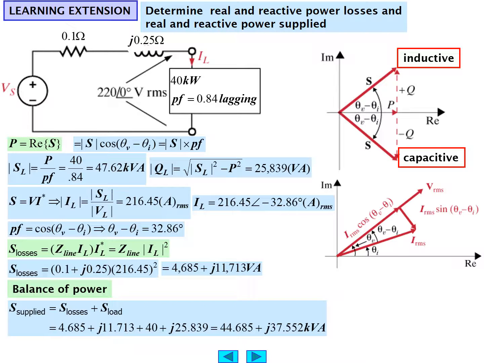For the balance of power, then, we know that the complex power supplied has to equal the complex power in the loss plus the complex power in the load. We can add up those quantities because we've calculated them, and we end up with the rectangular representation of the complex power as 44.685 plus j37.552. Both of those units, though, are in kilovolt amperes.